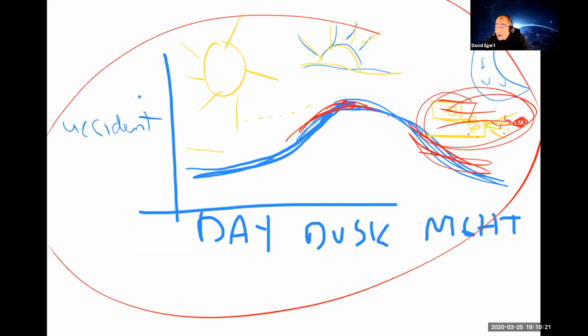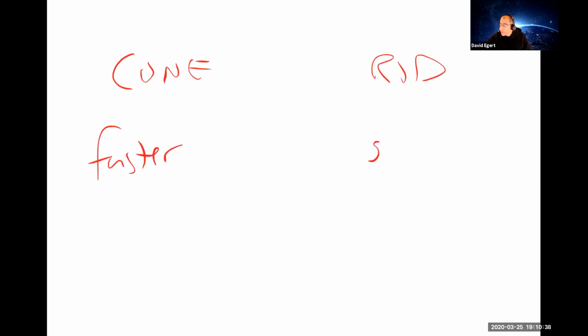So on a practical level, you might not have ever thought about it before, but this thing that we've talked about, the fact that cones and rods have a faster response and a slower response, is a real practical thing.